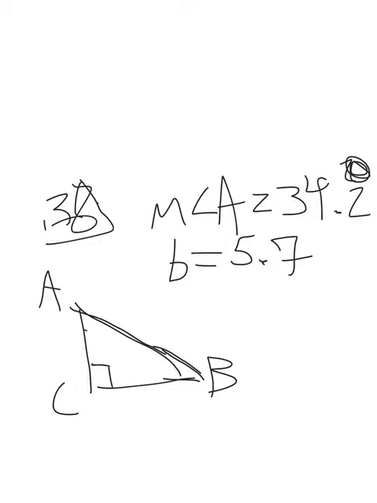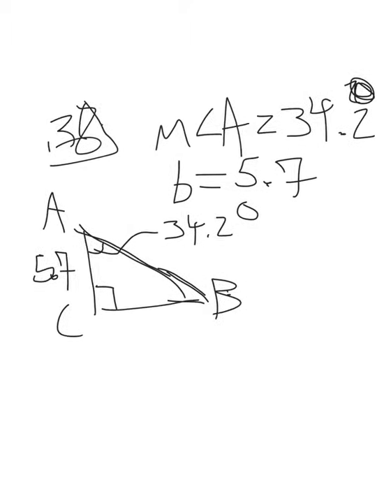Alright, so I know that angle A, this one right here, is 34.2 degrees. And I know that side length B, which is across from angle B, is 5.7. Alright, so at this point, there's a couple ways we can start. I always like to start with getting all my side lengths out of the way. So what I'm going to do here, move this up, give us a little room to work.